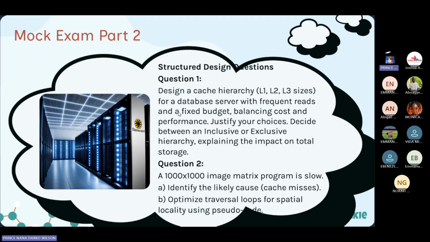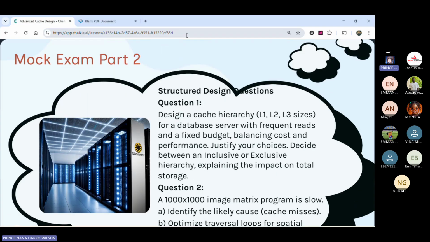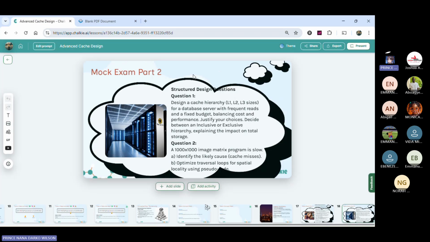And then we also have a 1,000 by 1,000 image matrix program that is slow. Identify the likely cause, cache misses, and then optimize traversal loops for spatial locality using pseudocode. For this one, perhaps for some of us, it is beyond us, right? It's understandable, but it is not the main objective of this one.